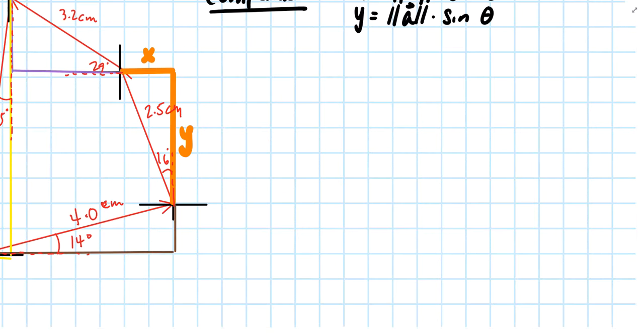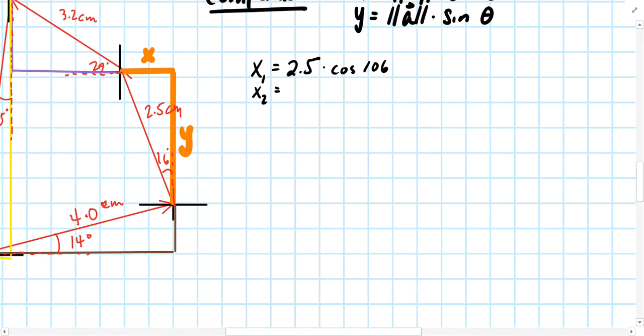In vector number 1, we would say something like this. The horizontal component of number 1 is equal to 2.5 times cosine of not 16 degrees, but we'll call this 116 degrees. Sorry, I got to do my math correctly. 106 degrees. That's 16 degrees beyond 90.